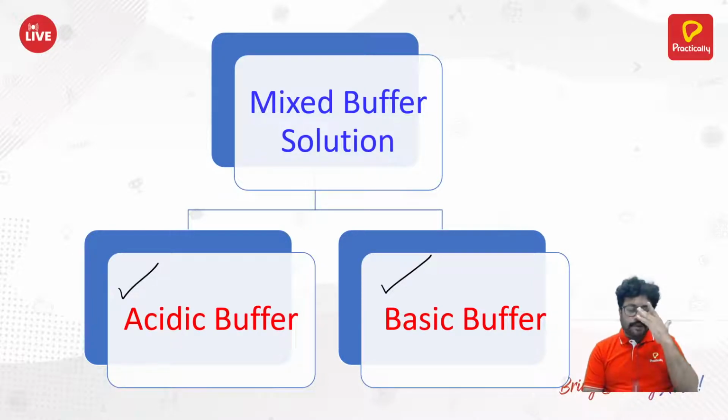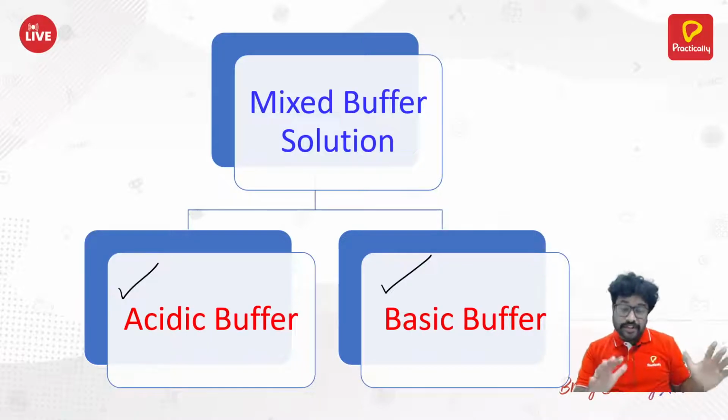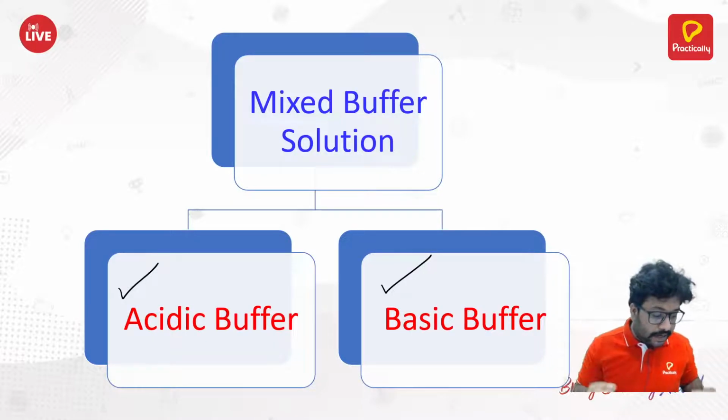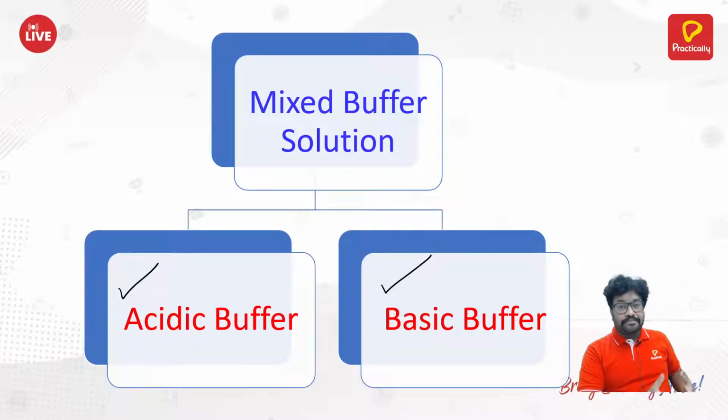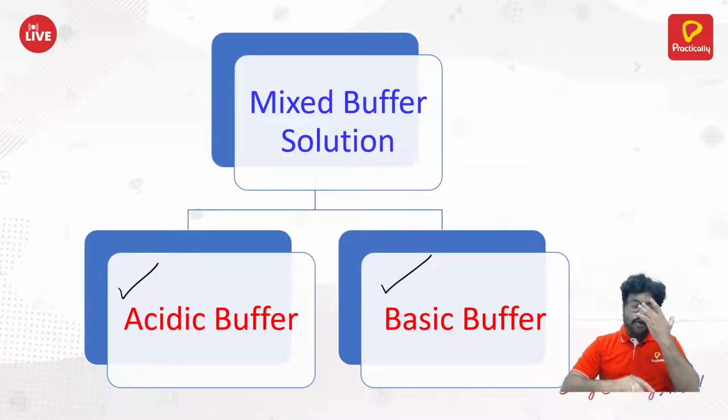Acidic buffer, basic buffer. Now don't get confused here. When you have an acidic buffer, does that mean it maintains the acidity and doesn't think about the basicity? No, it's not like that. You take acidic buffer or basic buffer, it doesn't matter. Both types of buffer always help you maintain the acidity as well as the basicity, that is, the pH.